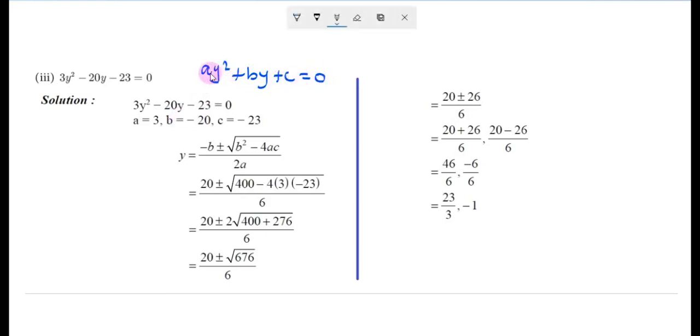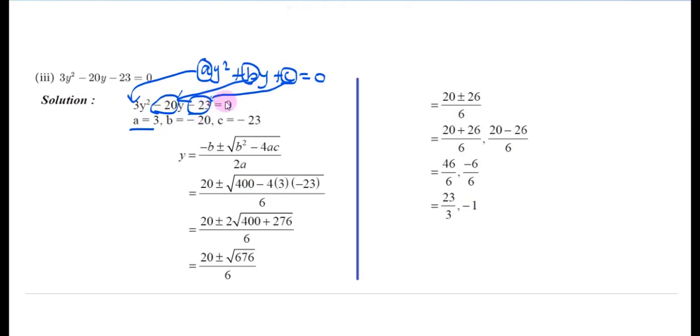So y square term a, so here y square term 3, so a equal to 3, understood. And here y term b, and here y term minus 20, so b equal to minus 20. And here constant term c, here constant term minus 23, so c equal to minus 23.